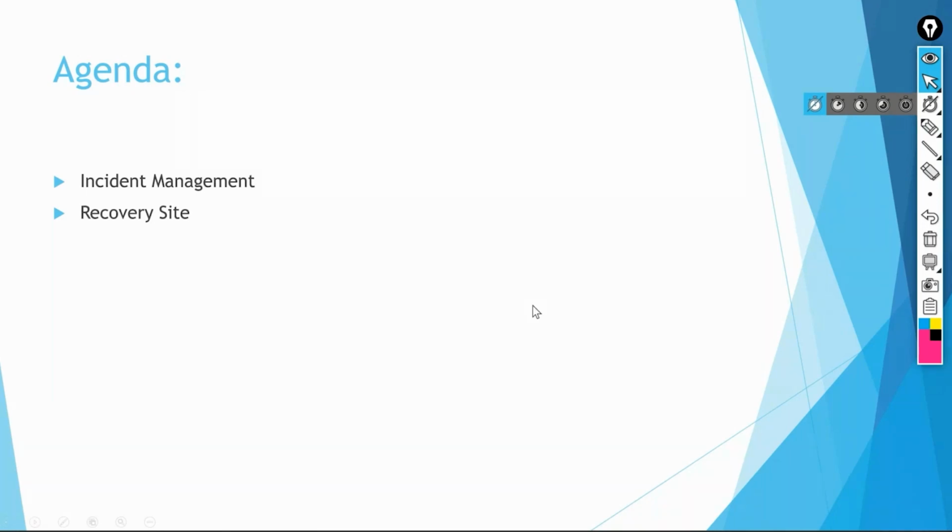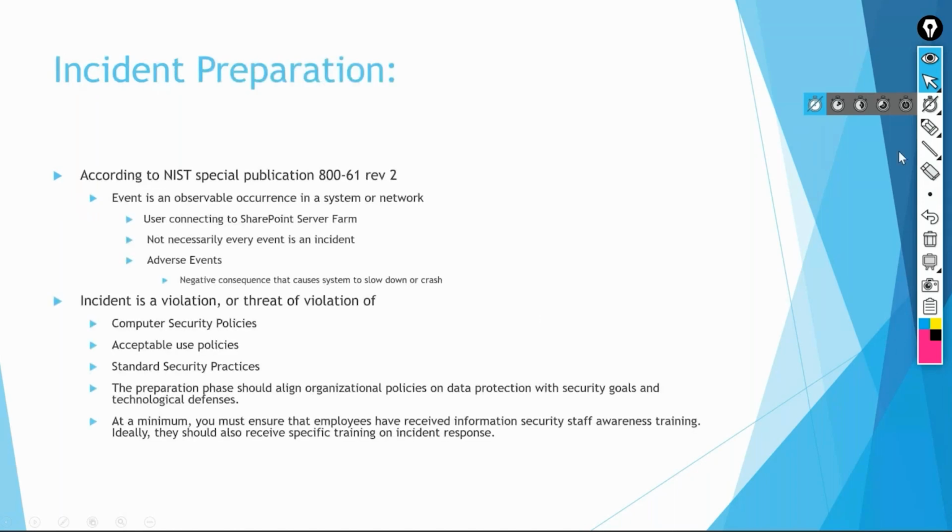According to NIST Special Publication 800-61 Revision 2, an event is basically an observable occurrence in a system or a network.